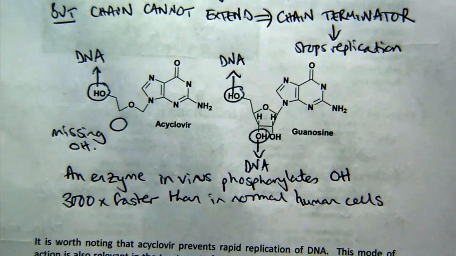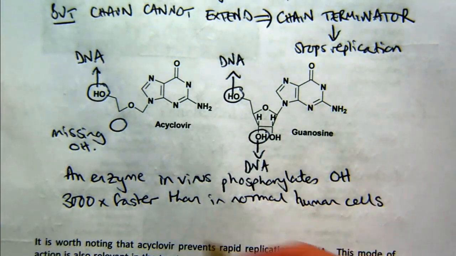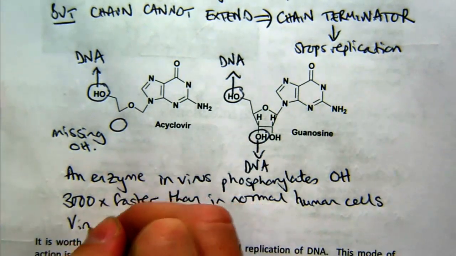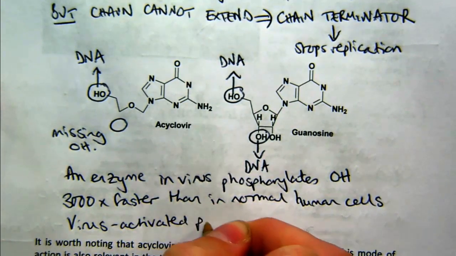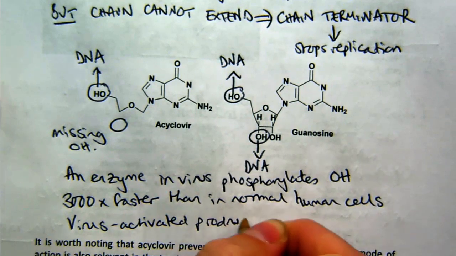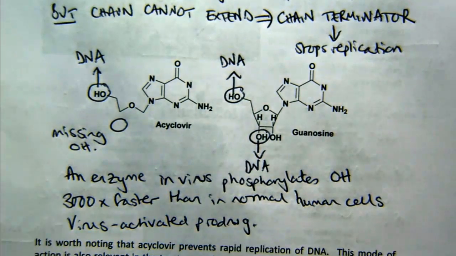So actually, the virus is replicating its DNA 3,000 times faster than a normal human cell would. And so that's why this is effectively a virus-activated prodrug. It's much more problematic in cells that are infected with the herpes virus because of that rapid activation, and the acyclovir gets built into the DNA.